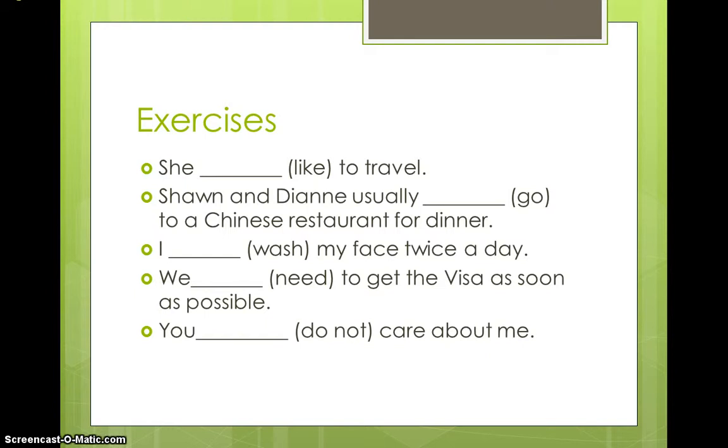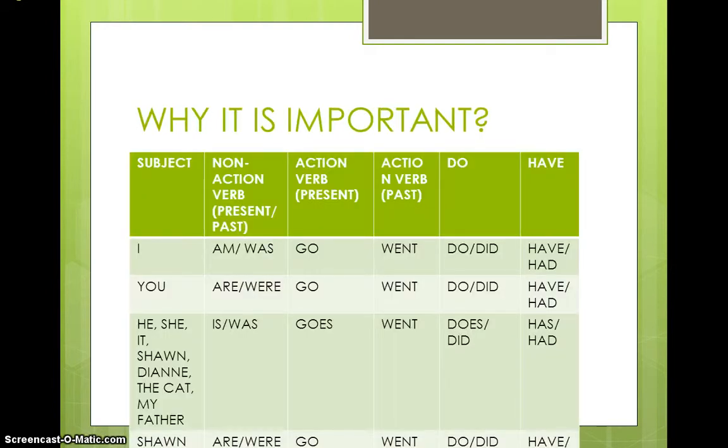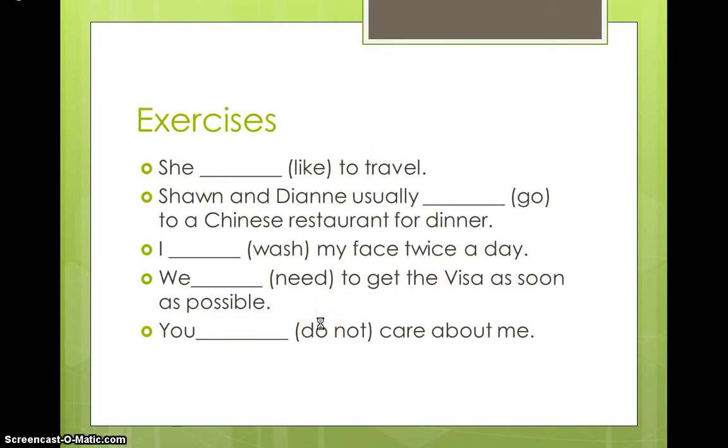Again, let us look at our table. When you have he or she, you use likes, not like. So, she likes to travel.